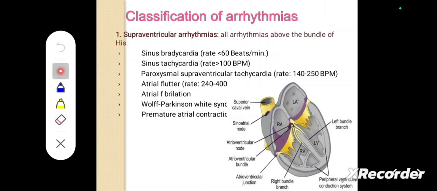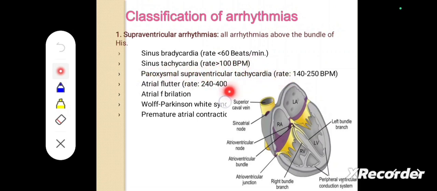First, supraventricular arrhythmia, which has different types. Sinus bradycardia is when the heart rate is less than 60 beats per minute. Sinus tachycardia means a heart rate greater than 100 beats per minute.